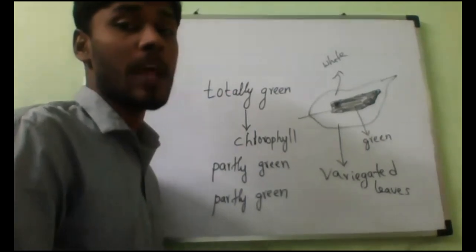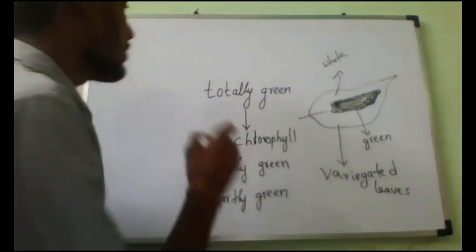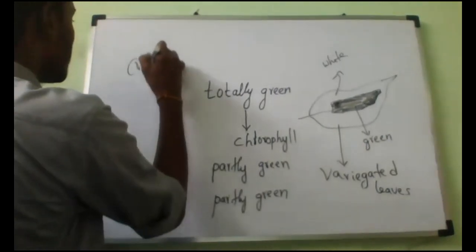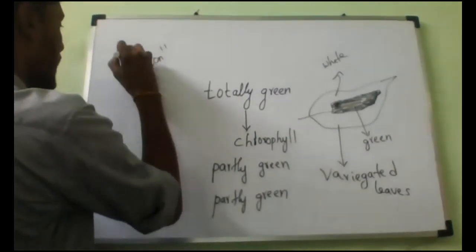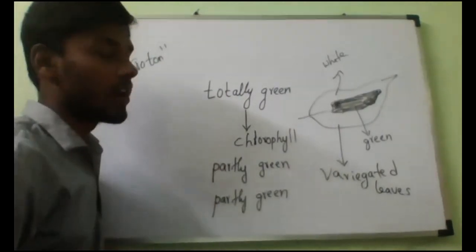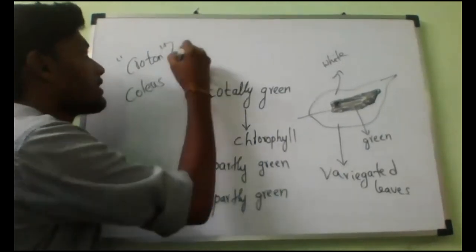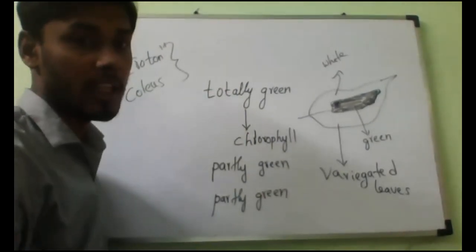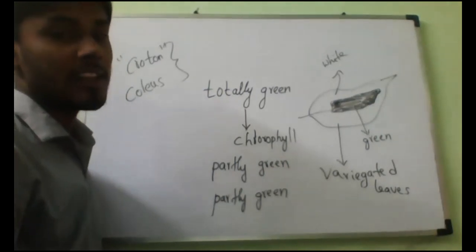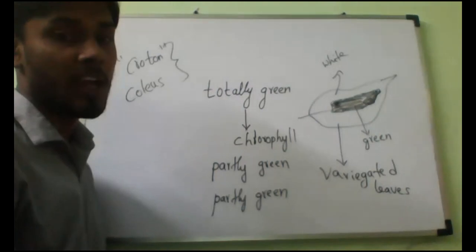So, for example, croton. How many of you know croton? Croton is a decorative plant. I will show you the picture also. And you can also take coleus plants. Croton and coleus plants have variegated leaves which are partly green and partly white.